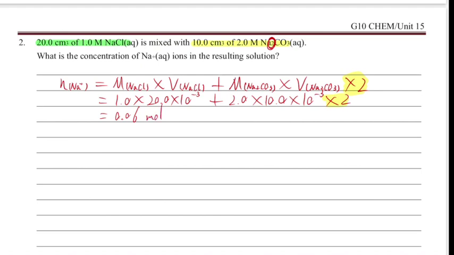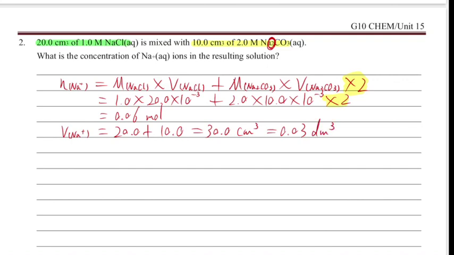And the volume of the solution would be the sum of the two solutions' volumes, 20 plus 10 equals 30 cm³, and we can convert the unit here, so it will become 0.03 dm³.